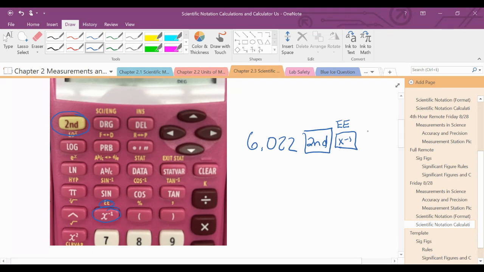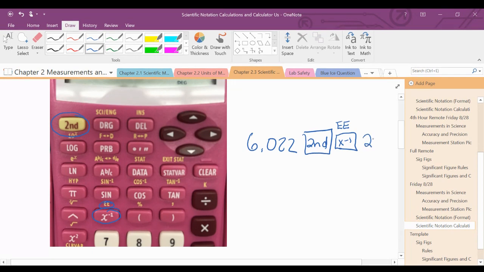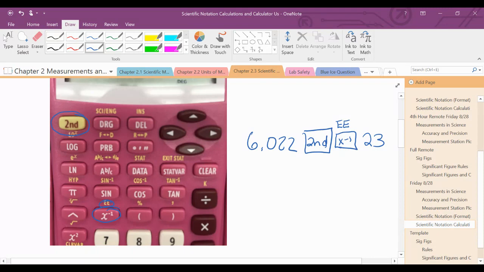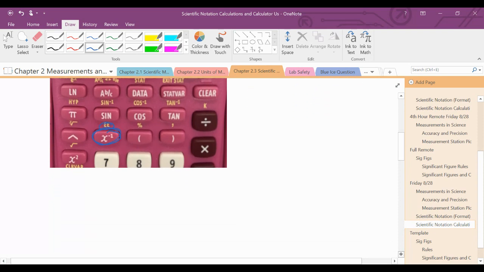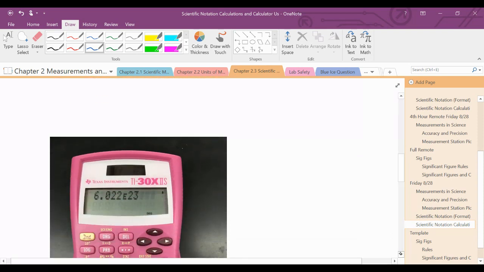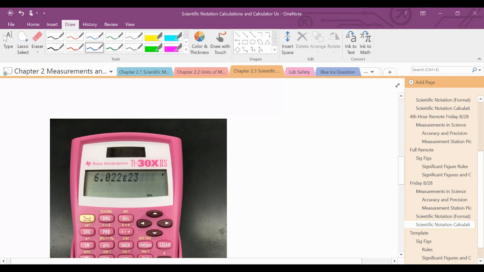And let's say I just put in 23. So I would hit 6.022, second, x to the -1 gives me the E, 23. And so then when you look at your calculator, it would read like this: 6.022 e to the 23.